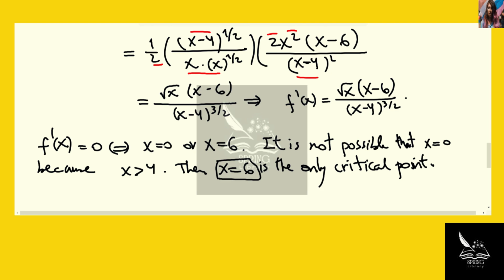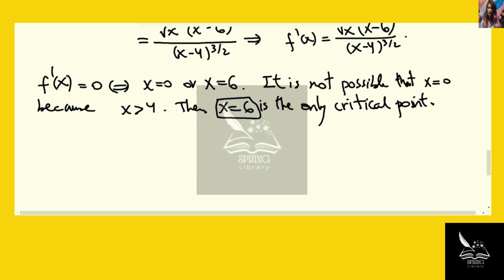To know what kind of critical point this is, we have to find the second derivative. If we do that, we get that the second derivative of f at any x is equal to 12 over the square root of x times x minus 4 to the 5th.